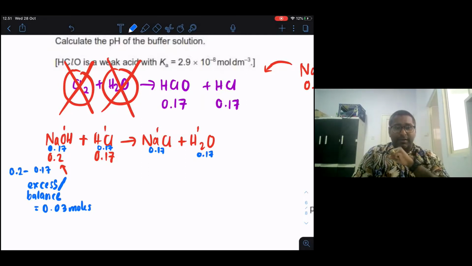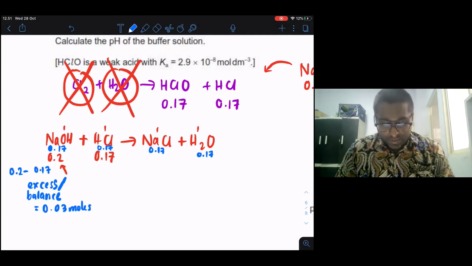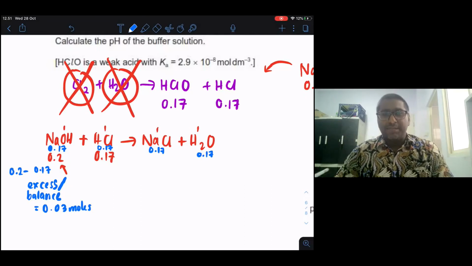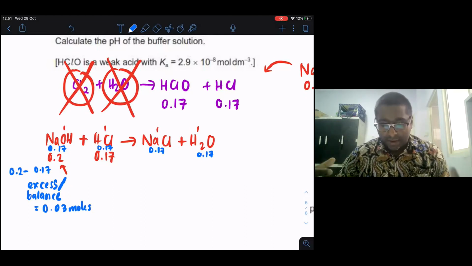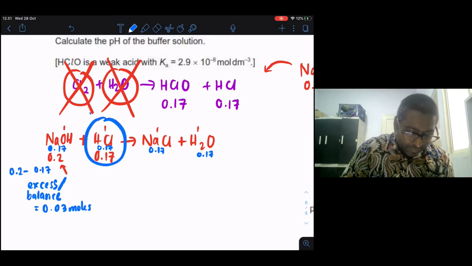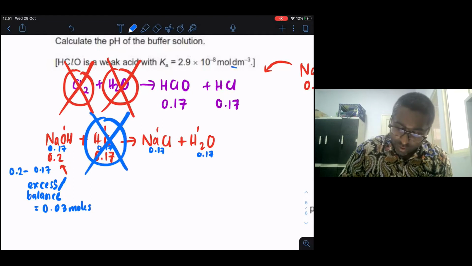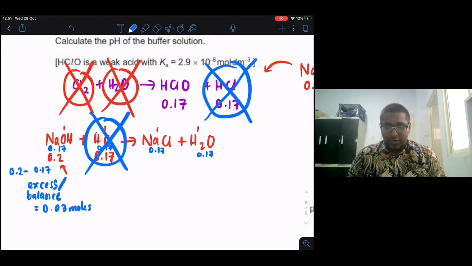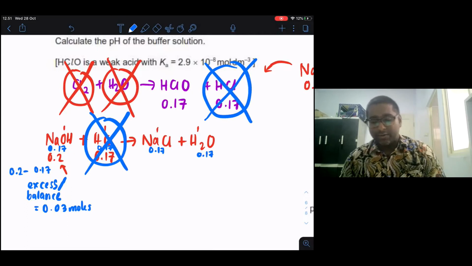So in this case, when I react with the HCl, I reacted completely with the HCl. Let's start to eliminate so that we can narrow down the scope. HCl is completely reacted. No more HCl anymore. And of course, you have sodium chloride, you have H2O, you have sodium hydroxide.